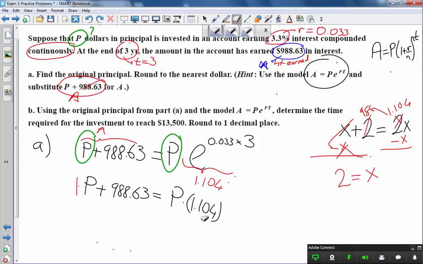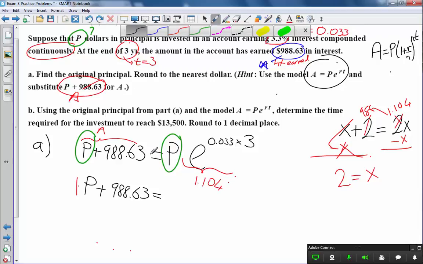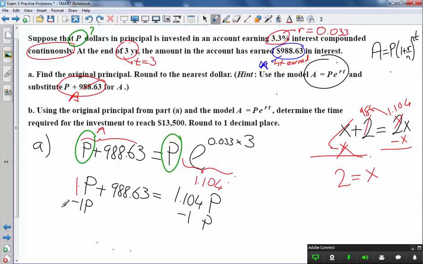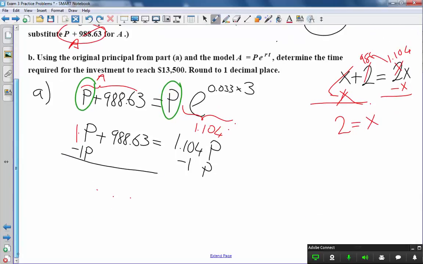I want to bring 1.104 in front of p. 1.104 many p's. You have 1p here. Why don't we subtract 1p from both sides? And all you have on this side is 998.63. And on this side, what happens if you subtract 1 from 1.104?